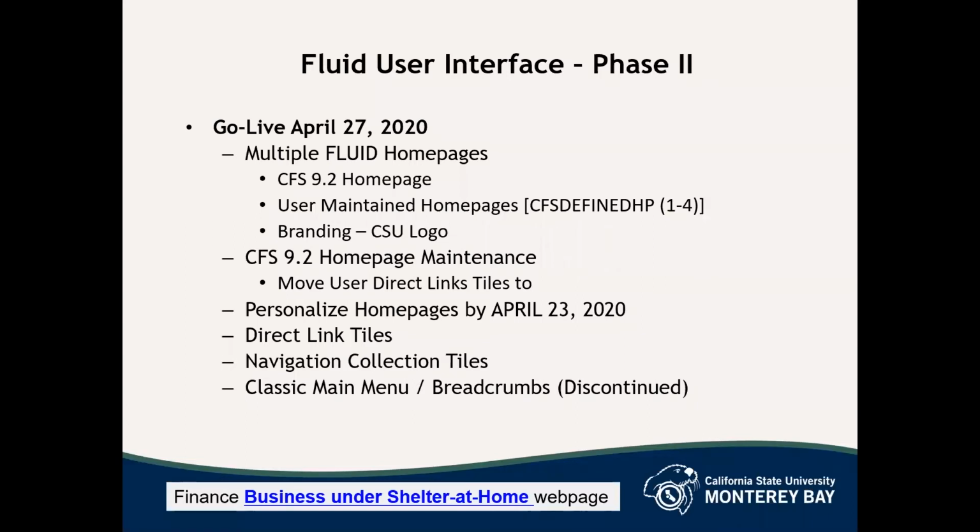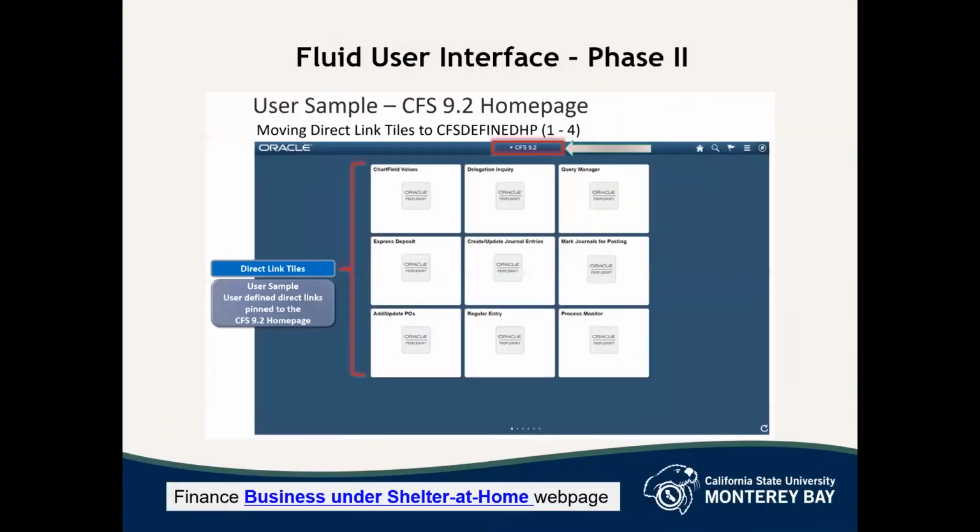Okay, so next page. So what does that mean? Right now we have the CFS 9.2 dashboard, and some of you may or may not have done a custom tile on this page. What we need to do is move them off of this page into the user defined menu, the CFS defined HP 1 through 4.